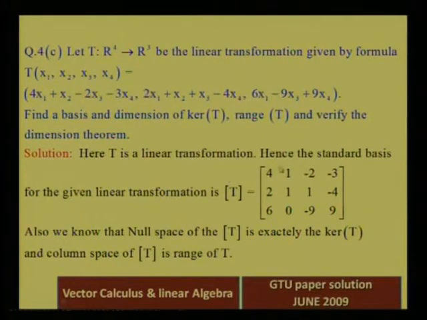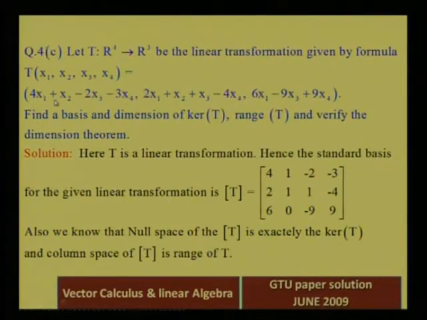Here T is a linear transformation, hence the standard matrix for the given linear transformation, with this notation in the box, T, that means the standard matrix of the transformation T, is equal to, now what is this first row? Try to understand, this first row comes from the first coordinate, in which we take the coefficients of x1, x2, x3, x4.